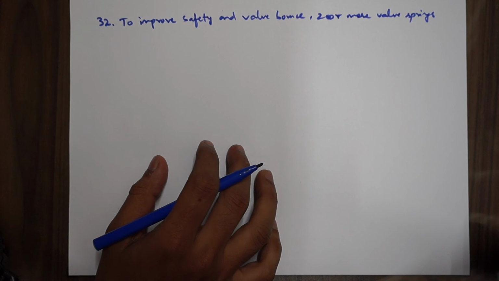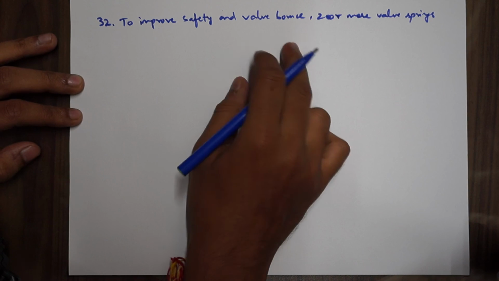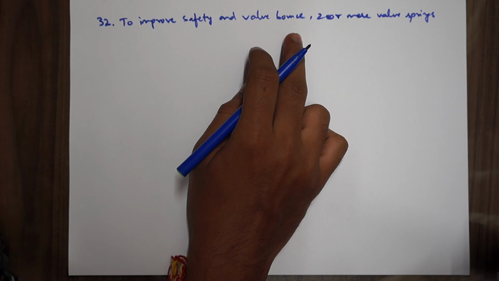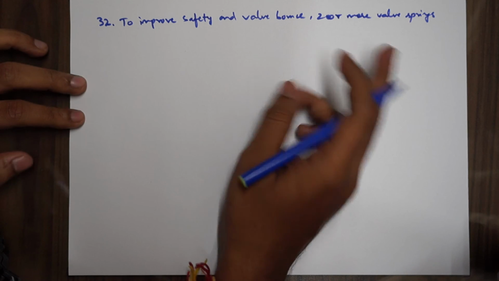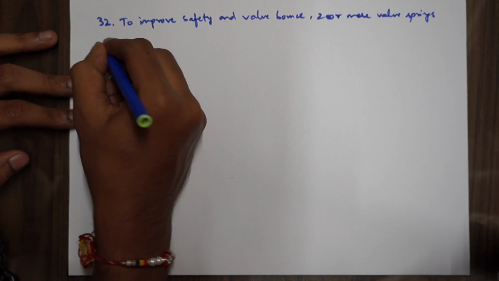The whole Otto cycle will fail. So hence safety, and obviously the valve bounce, the timing should be exact. So 2 or more valve springs are generally fitted.